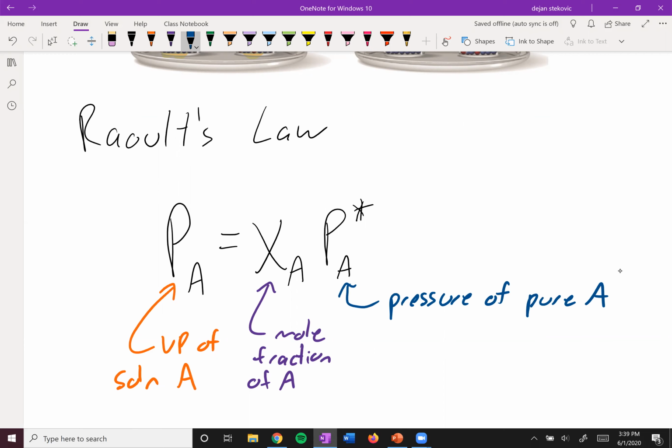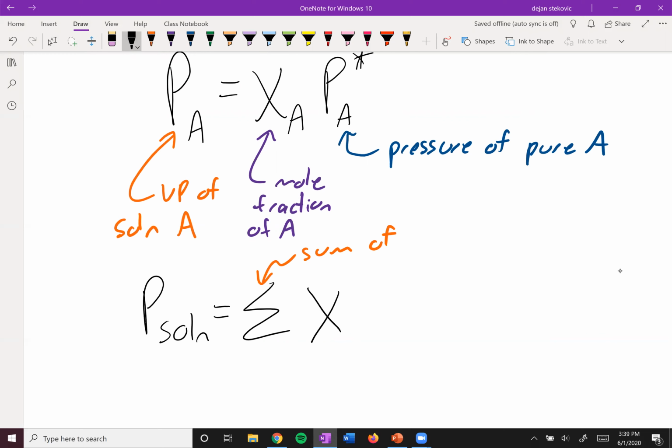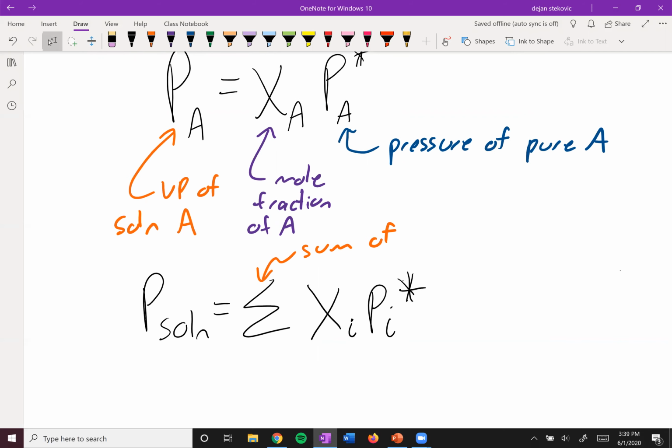Right, so when it's pure, the mole fraction is 1, and so the pressure of A is equal to the pure pressure of A. And so we can extend this further to say the pressure of a solution is equal to the sum (this symbol right here means sum) of the mole fraction of each component times its pure vapor pressure.